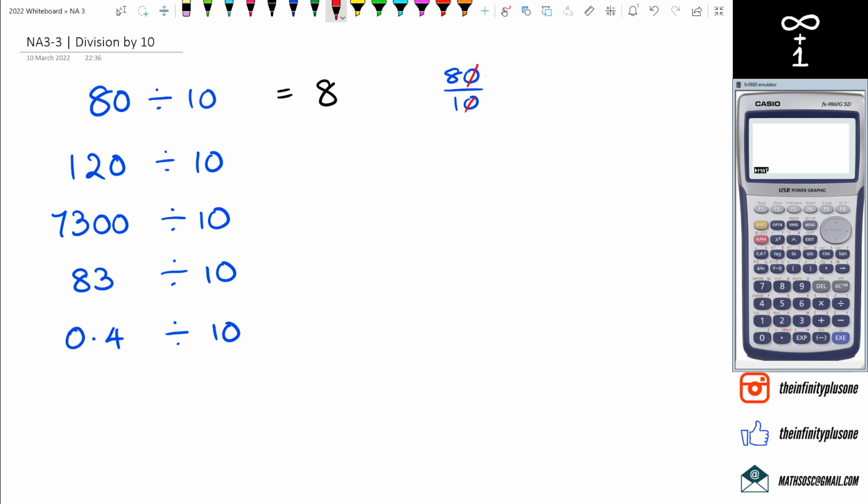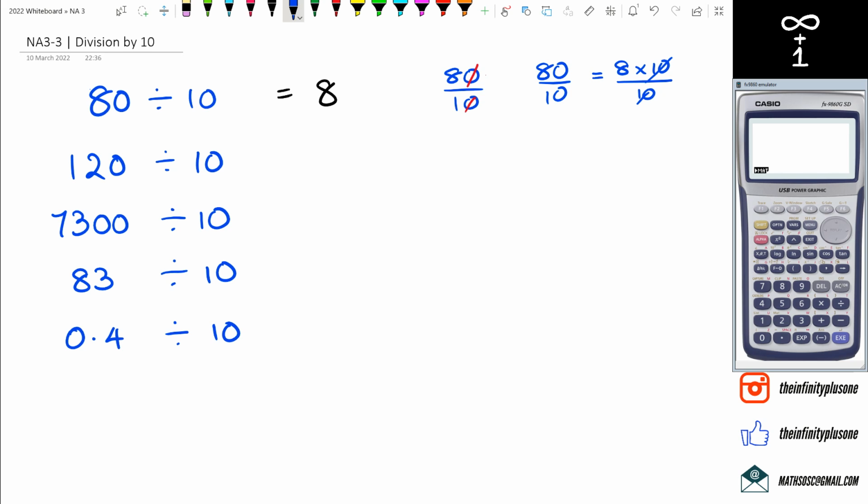I guess the reason behind that is, you can break this down further, because you could write 80 divided by 10 as 8 multiplied by 10 divided by 10. Now you can see that 10 divided by 10 turns out to be 1, and so you get 8 times 1, which is just 8. Now look, you don't need to do it this way. If you know straight away, you can just do it as well.